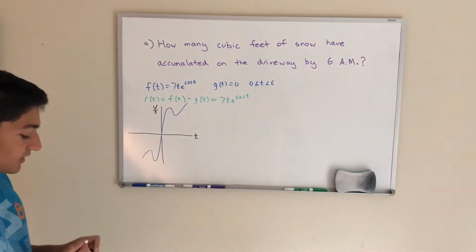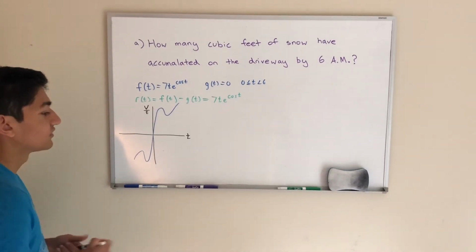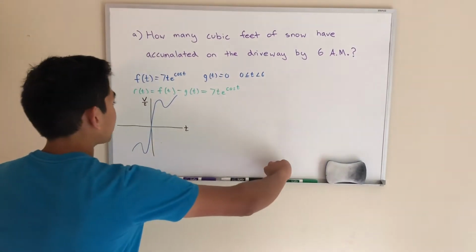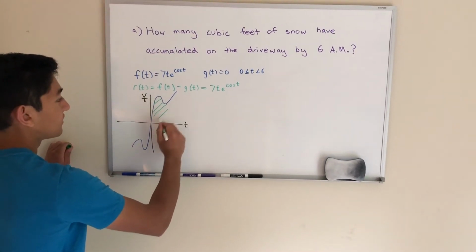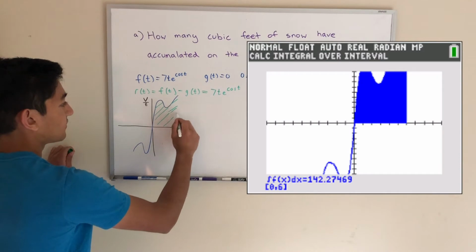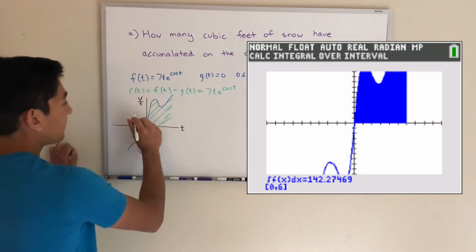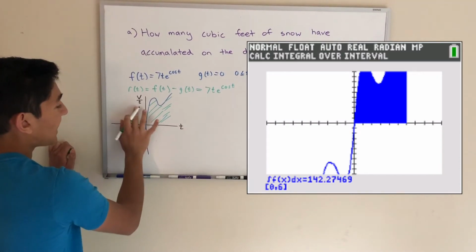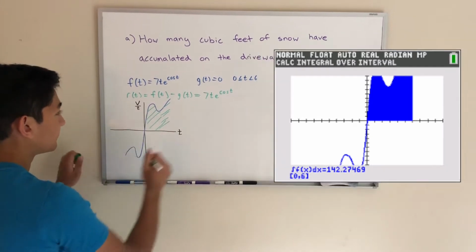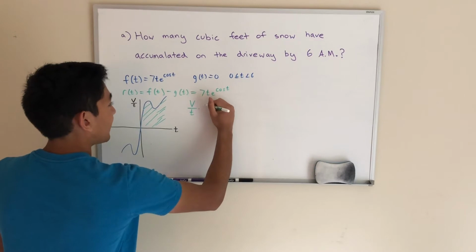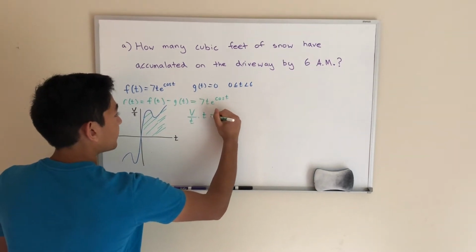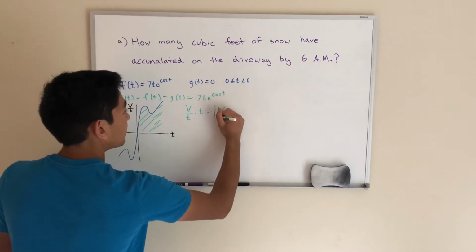We want to find the area under the curve, because the axes will be multiplied by each other effectively, so that would be volume over time times time, which gives us just the volume in cubic feet.